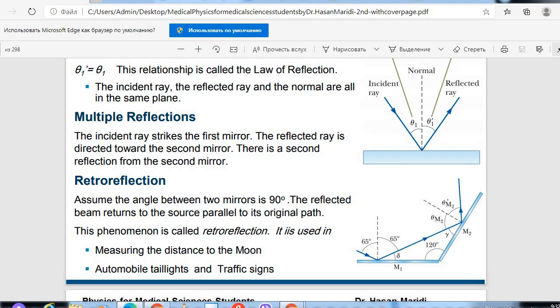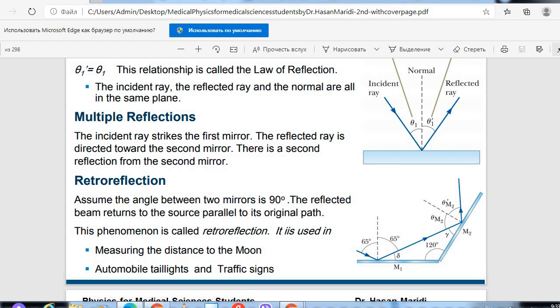If we have a good surface, and scientists tried to find a good reflecting surface on the moon, we could find that the reflected beam from the surface of the moon returns to our source of the light beam. And we just need to measure how much time the reflected beam needs to return to the source.